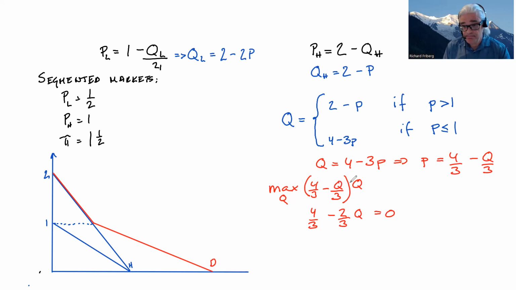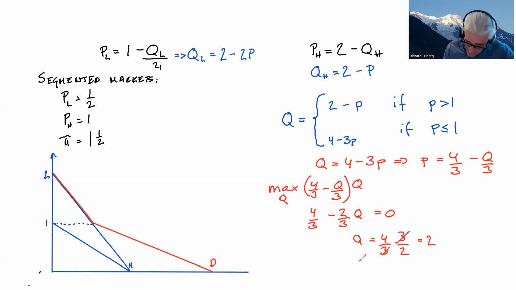We differentiate Q squared over 3 with respect to quantity and get minus 2/3 times Q. So Q equals 4/3 times 3/2, multiplying up and cleaning up. So optimal quantity is equal to 2.